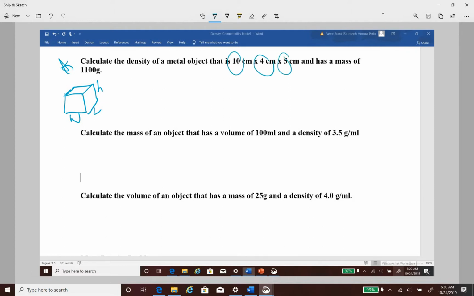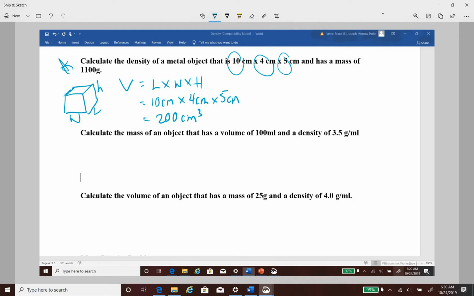So here you don't need the displacement method. You could just figure out your volume as length times width times height. That would be 10 centimeters times 4 centimeters times 5 centimeters, so a volume of 200 centimeters cubed.